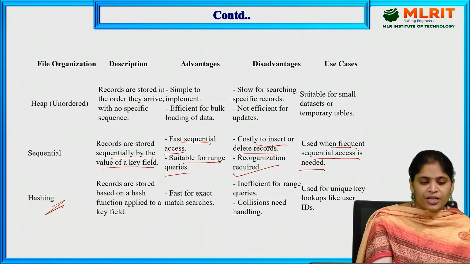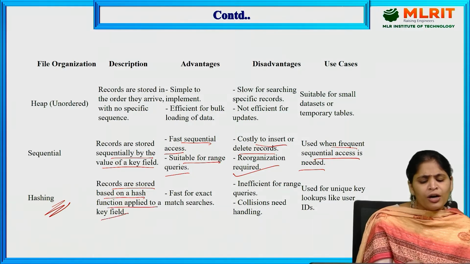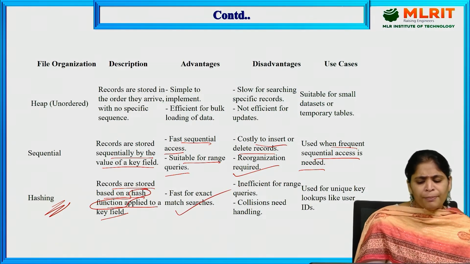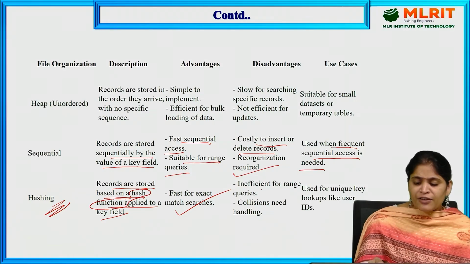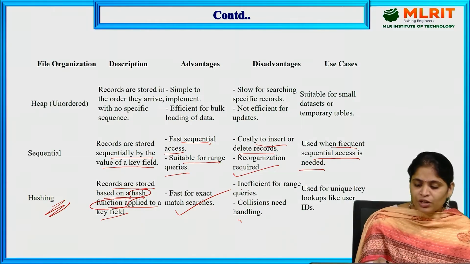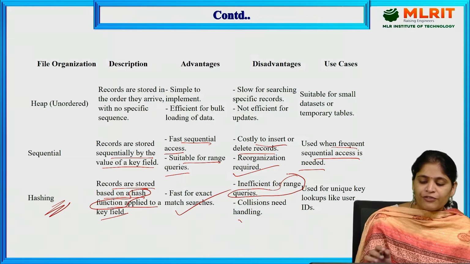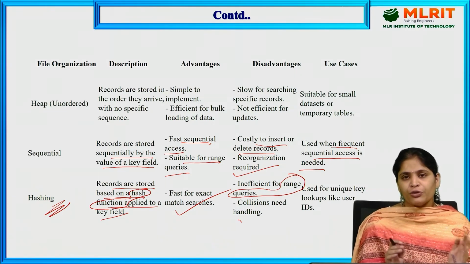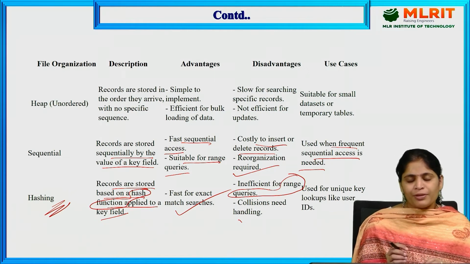What is hashing? Hash file organization. Records are stored based on a hash function applied to a key field. So records are placed based on one function, which we call the hash function. Fast for exact match searches. Next, inefficient for range queries, and collisions need handling. It is somewhat inefficient for range queries, that is, if I want to find the elements from 25 to 35, it will be somewhat complex.